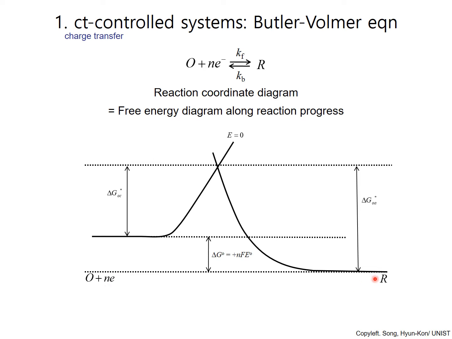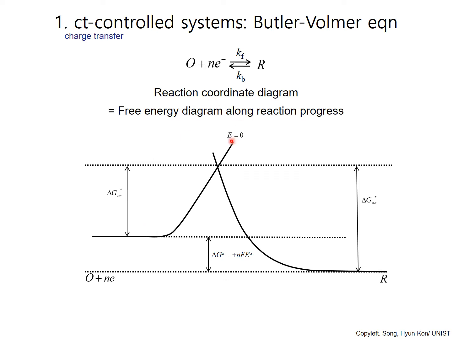Maybe, as you know, the height of this barrier is related to the activation energy. Those two black curves are obtained before you have an applied potential.